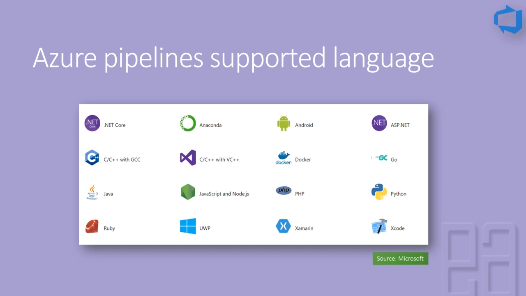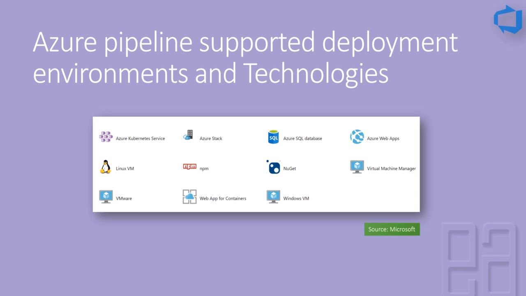The Azure Pipelines supported deployment environments and technologies are these: Azure Kubernetes Service, Azure Stack, Azure SQL Database, Azure Web App, Linux VM, NPM, NuGet, Virtual Machine Manager, VMware, Web App for Containers, and Windows Virtual Machine. And most importantly, they also support local machines, which is nothing but IaaS if you want to deploy. This is the one we are going to be discussing in this whole course, and you can deploy in any one of these ecosystems and environments, which is really awesome.